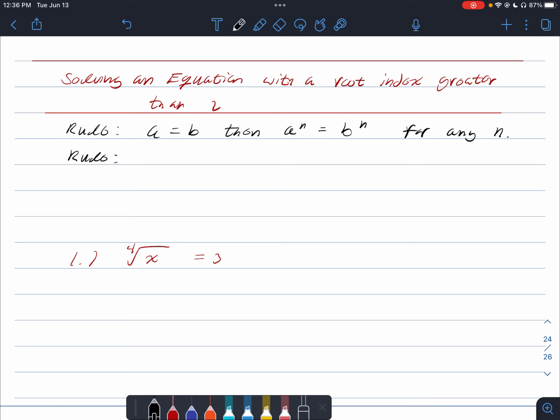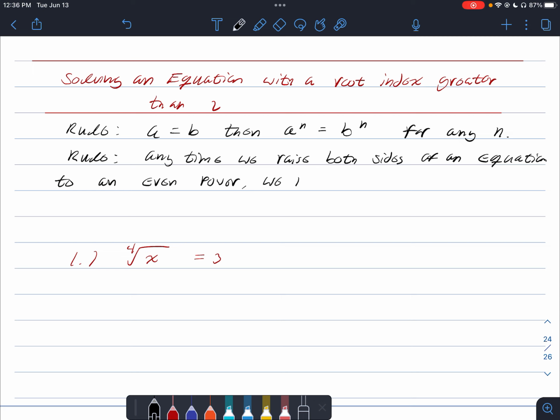So anytime we raise both sides of an equation to an even power, we must check our answer.